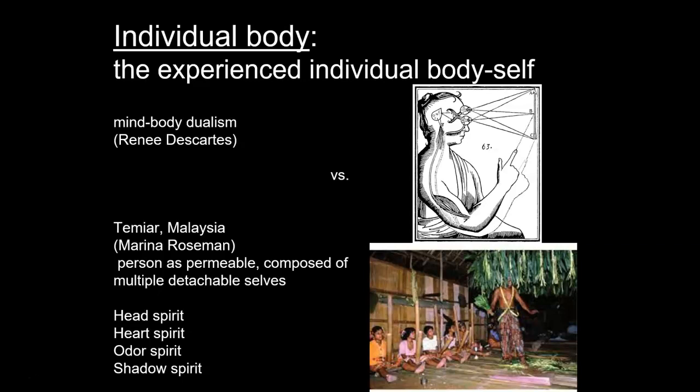So the version of the individual body that may feel the most familiar is not the only one. Again, as anthropologists, we want to think about how these things are done, understood, and conceptualized in a variety of cultural contexts. So the individual body refers to the experienced individual body self.